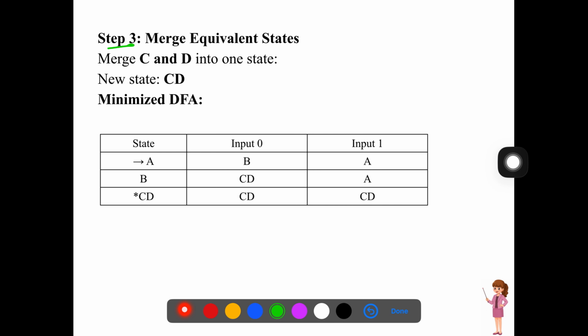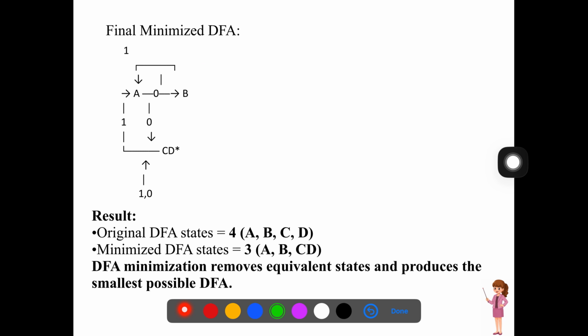Let us see, merge the equivalent states. The merged state has transitions to the final states itself, not to non-final states. So we are merging. This is how it is. Again, this is the diagram.